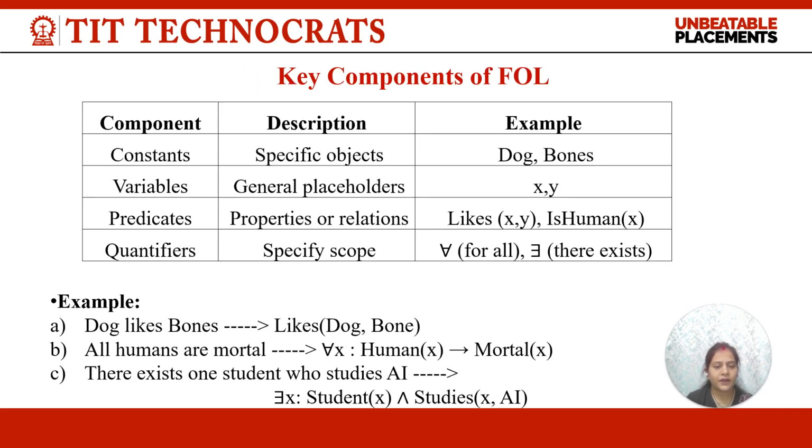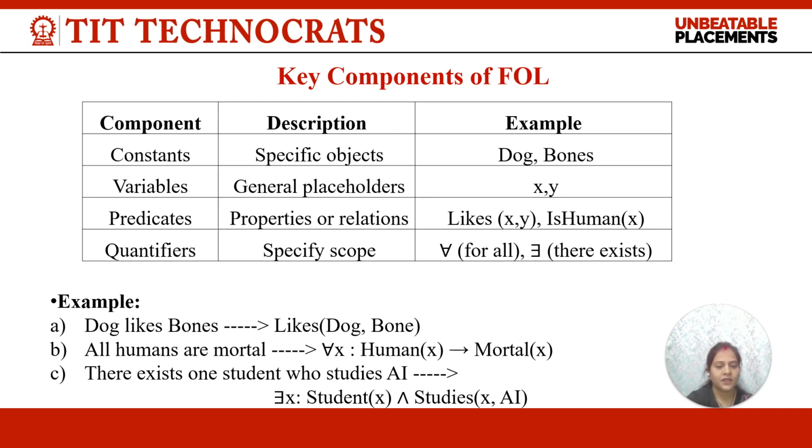So there are key components of first order predicate logic, that is FOL. You can think of predicate logic as made up of constants like dog and bones, variables like x, y, predicates that are representing properties or relations, and quantifiers as we have read earlier, like for all and there exists.